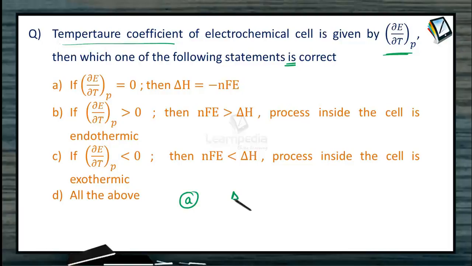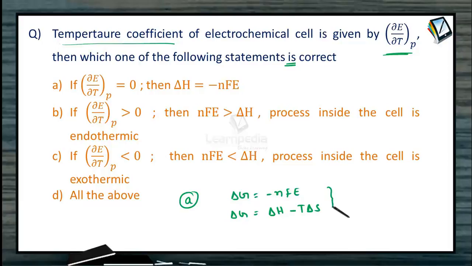We have ΔG is equal to minus nFE, and also we have ΔG is equal to ΔH minus TΔS, where ΔG is the Gibbs free energy change, ΔH is the enthalpy change, and ΔS is the entropy change.